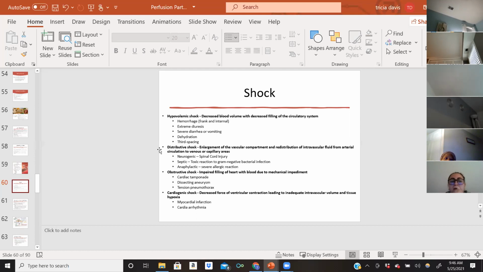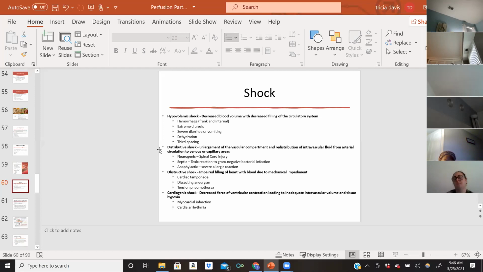With distributive shock, this is going to be enlargement of the vascular compartment and redistribution of intravascular fluid from arterial circulation to the venous or the capillary areas. So we said there were 3 different subcategories. We have neurogenic shock, which we see very commonly in patients that have spinal cord injuries.